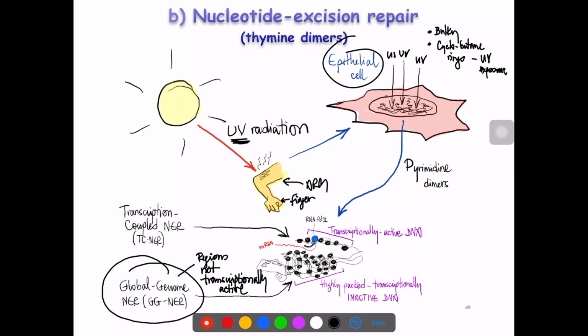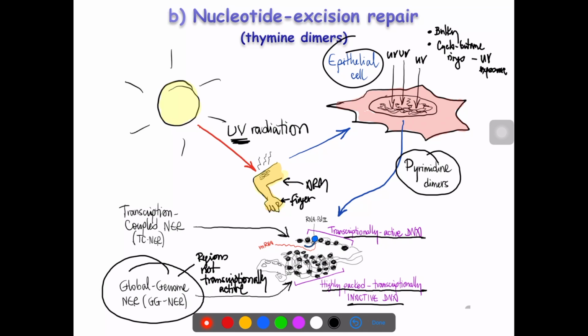And that UV light is triggering the formation of pyrimidine dimers. And those pyrimidine dimers need to be fixed, but you can easily imagine that they could be happening either in transcriptionally active regions of your DNA or in DNA that is tightly packed and transcriptionally inactive. So depending upon where the damage is happening, you will invoke different repair mechanisms.